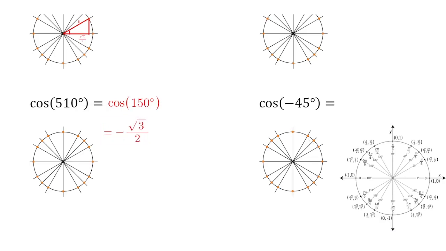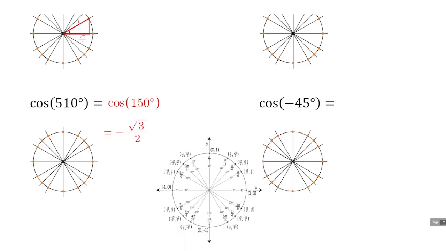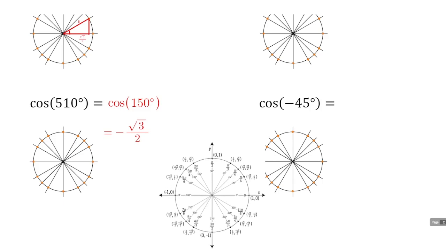Cosine of 45, or no, I take that back. Cosine of -45, although in this case it wouldn't really matter. They'd have the same value, but cosine of -45 is going to be equal to cosine of -45's coterminal angle, which you can kind of just see visually, I think. -45 degrees is just going to be 45 degrees rotated in the clockwise direction.